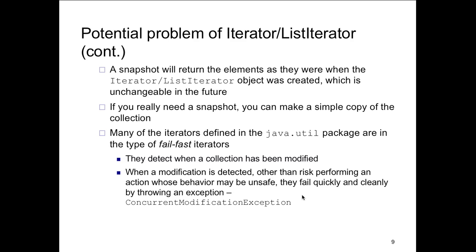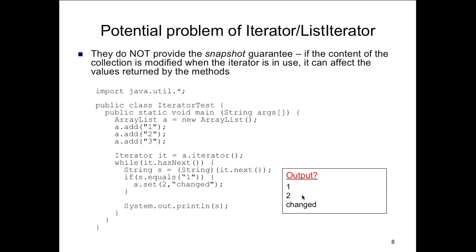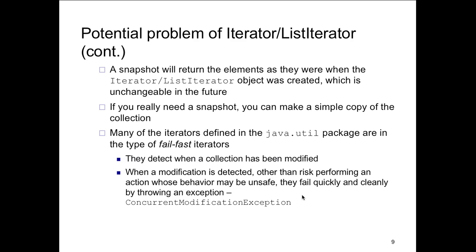Long story short, do all your stuff at the end, run the iterator to sort while the list isn't changing, while the list isn't being sorted, or while the iterator is not doing something logically that could mess it up. Potential problem with the list iterator continuing. A snapshot will return the elements as they are when the list iterator object was created, which is unchangeable in the future.